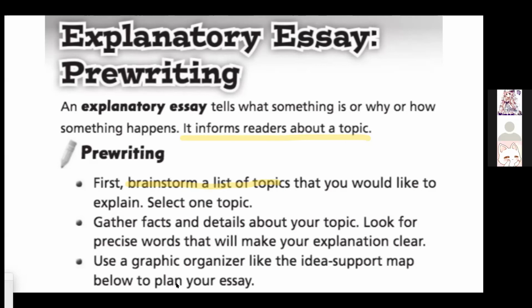Gather facts and details about your topic. Look for precise words that will make your explanation clear. So when we use precise words, we use words that tell exactly what we mean. We want to give our readers a clear explanation so they know exactly what we're talking about.